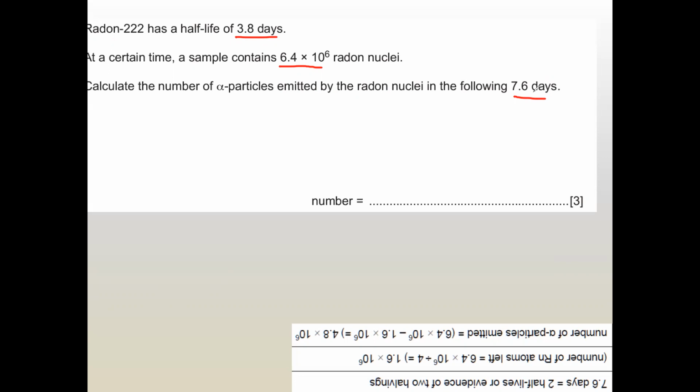So basically, we want to find how many, because the question is to calculate the number of alpha particles emitted. In the beginning, all 6.4 into 10 to the power 6 are emitting out radiation, because all are active, or we can say unstable.